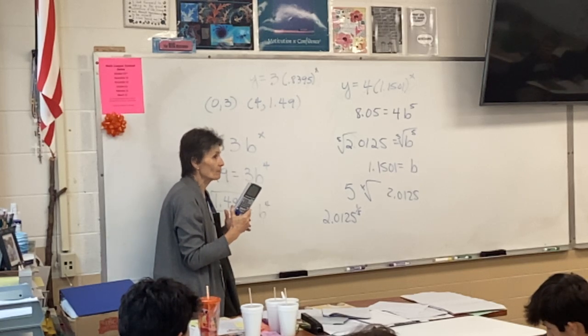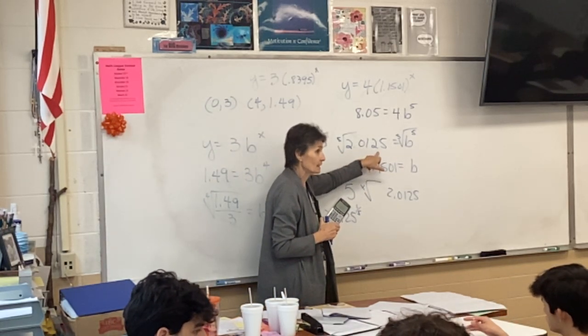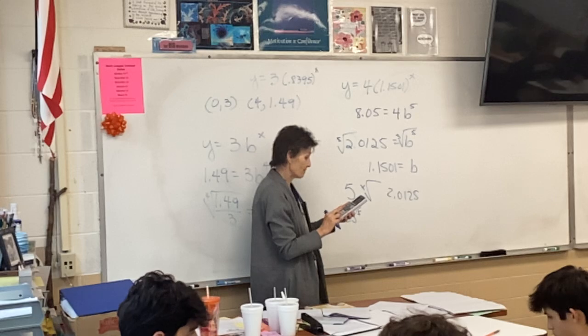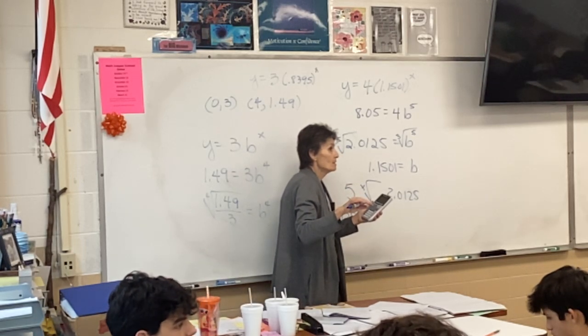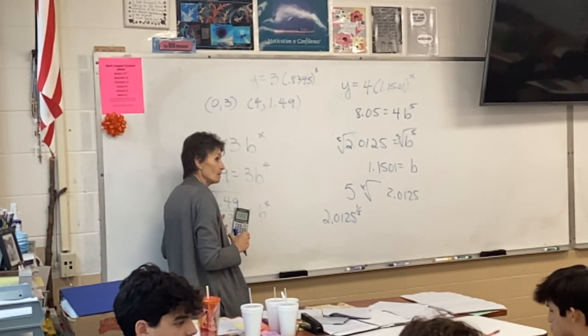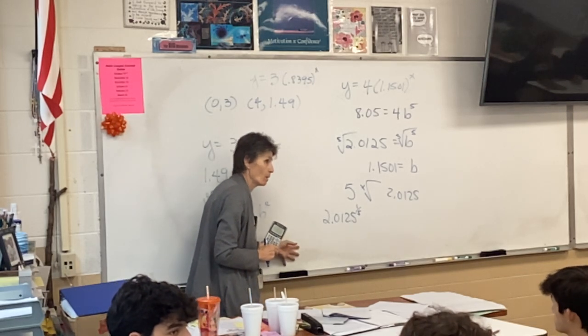You can, but don't round it off. This one, I divided, but it came out evenly. If you do 1.49 divided by 3, it's some big decimal that doesn't stop. So if you rounded that off, when you fourth root it, it's going to be rounded off even more.